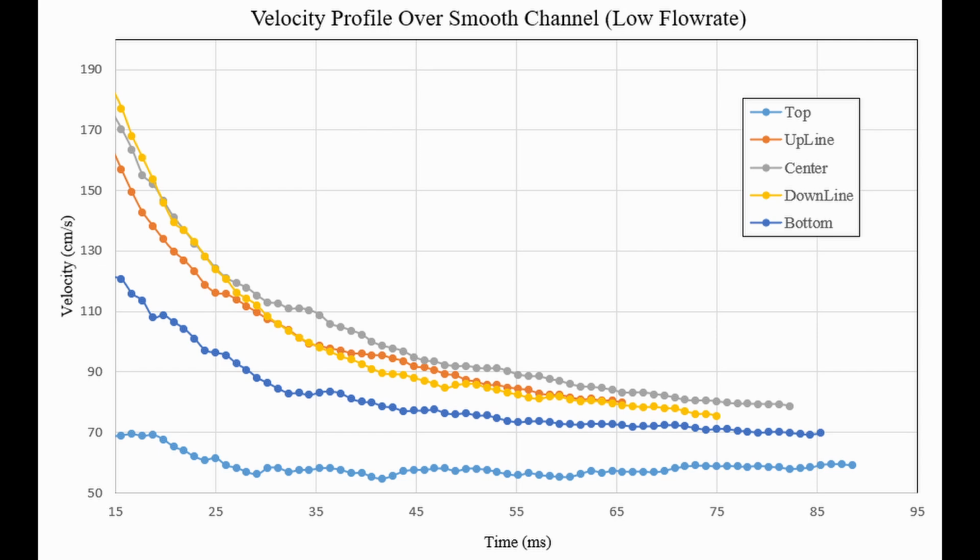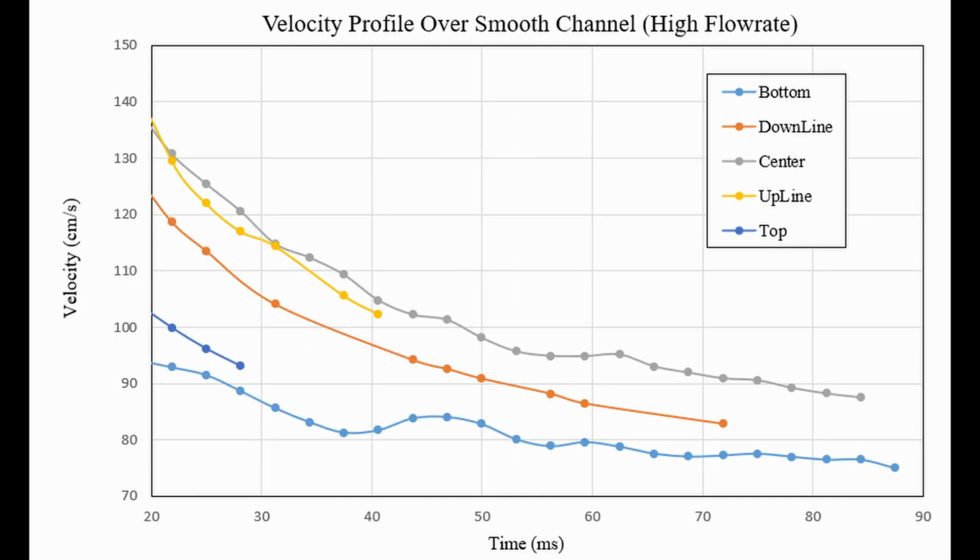As you can see here, that's exactly what happens. That gray center line has the highest velocity, then the up line and the down line, and then even lower you have the very top and the very bottom of the velocity profile. This lines up with our literature and what we expected.